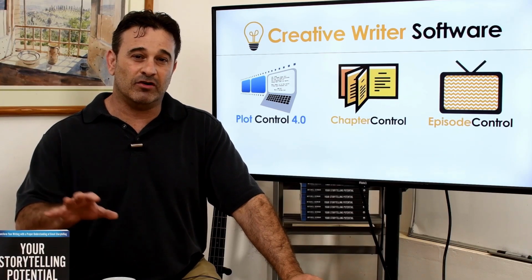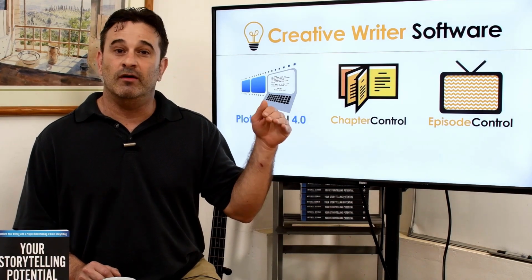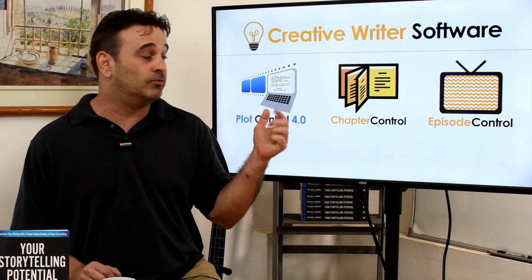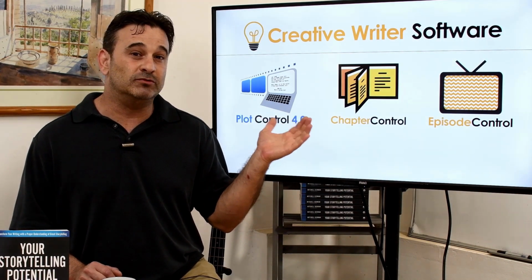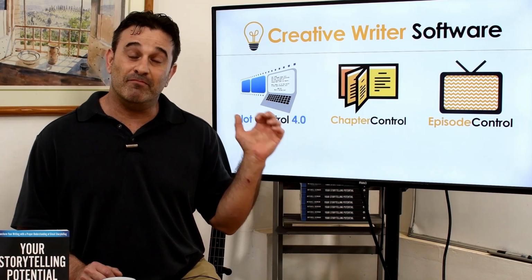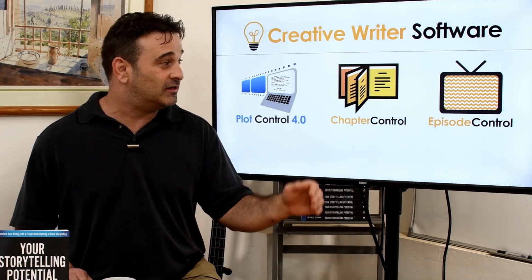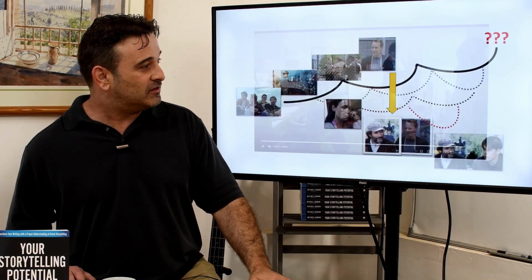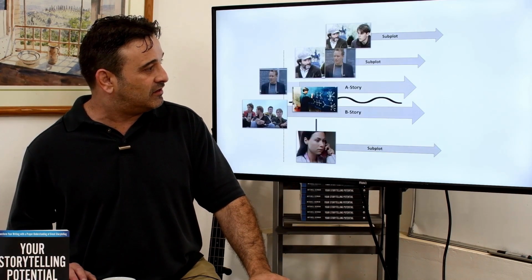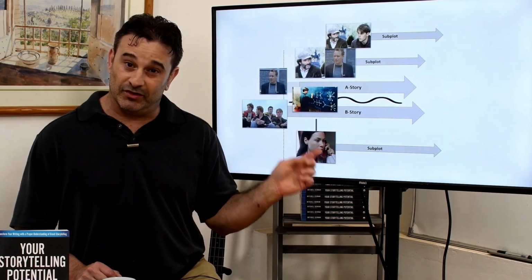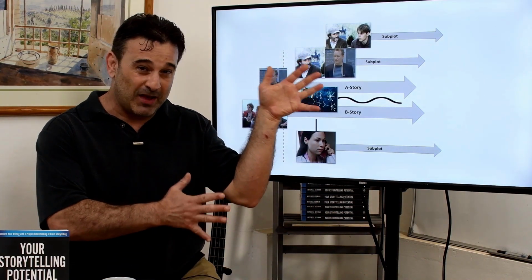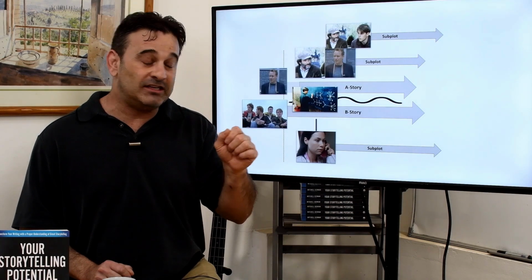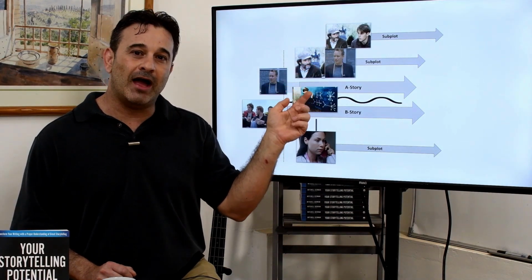And in the next part of this, we're going to actually start to dig into my software Plot Control as we explore how to use the software to specifically develop the thematic layering of your stories. We're going to take all of these stories that are flowing really independent of each other, and we're going to see how they are actually all thematically linked.